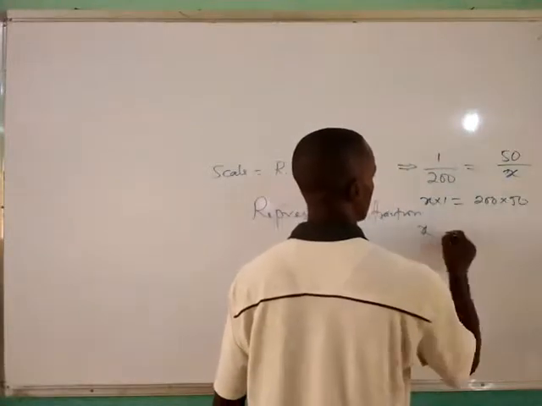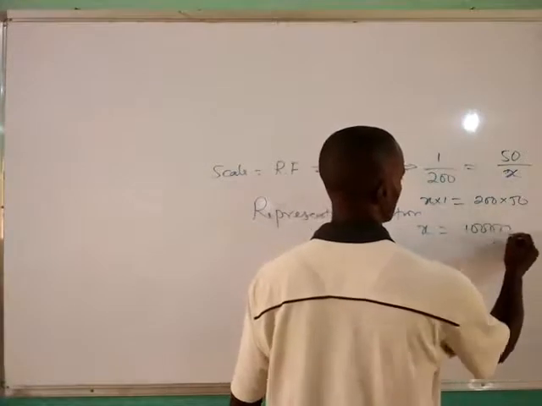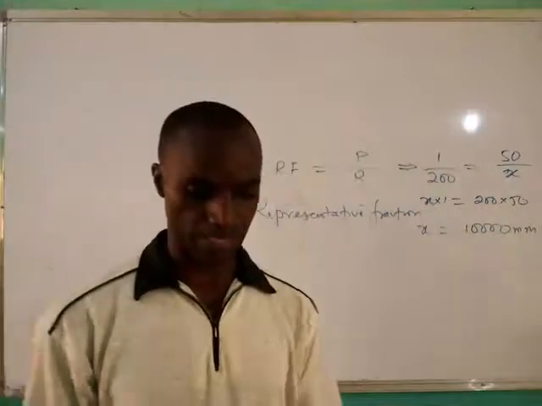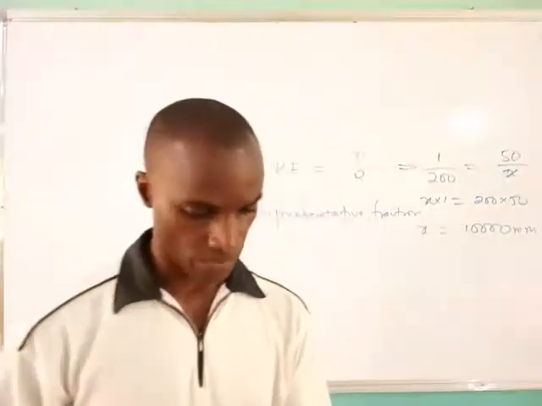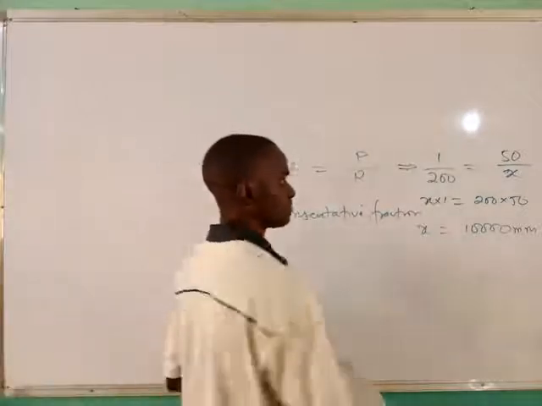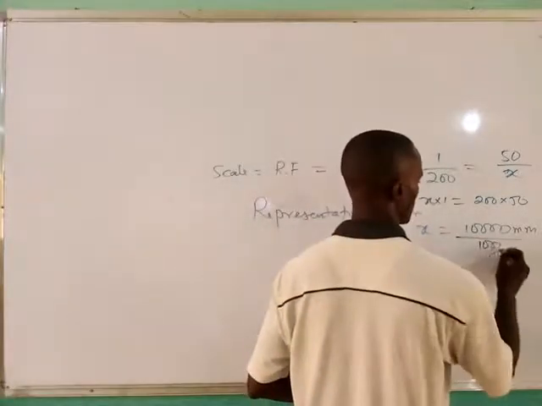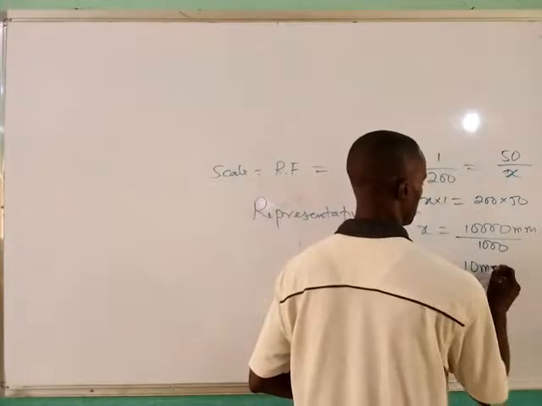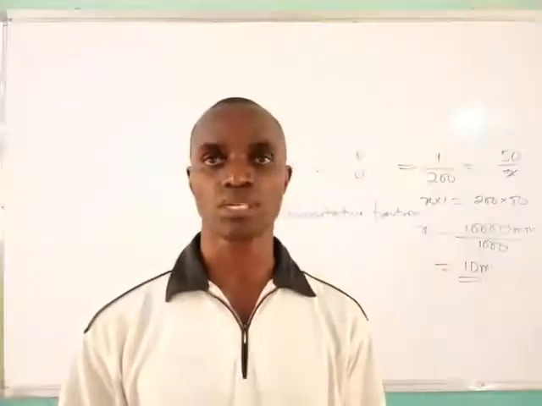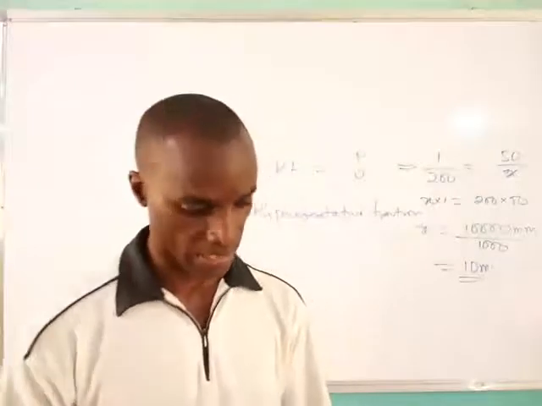So it's going to become 10,000 millimeters. But they did not give us 10,000 millimeters in this reading, so you return it down to meters. In meters, you simply divide it by 1,000, which gives you 10 meters on the ground. So the correct answer here is B.